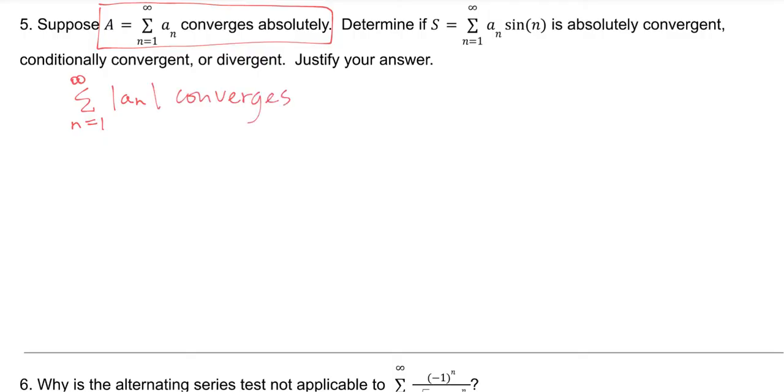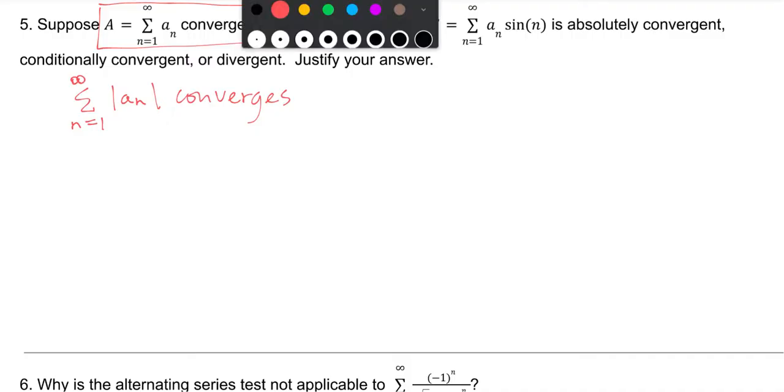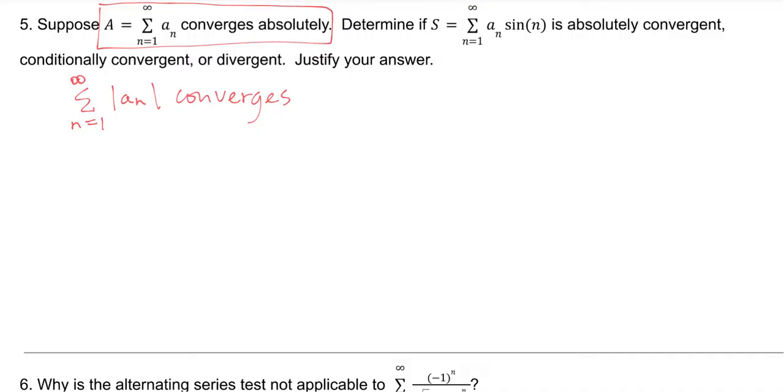I didn't realize, the first time I worked this problem, that that's what I needed to start with. But if I want to determine if S is absolutely convergent, conditionally convergent, or divergent, I'm going to take the absolute value of its terms.